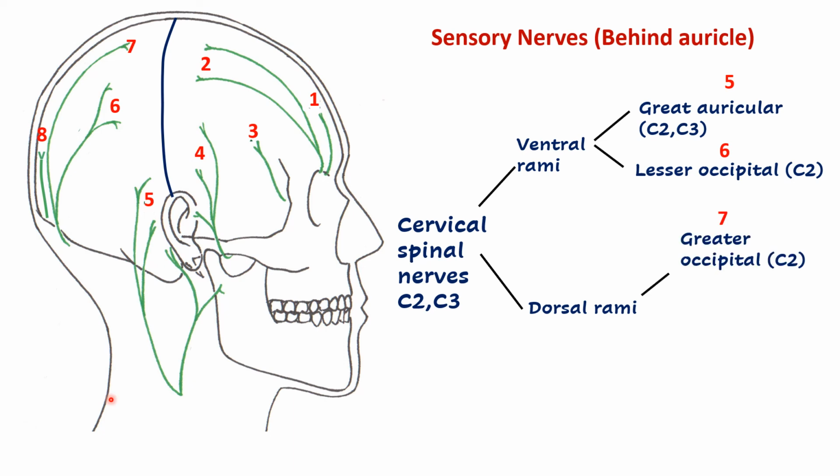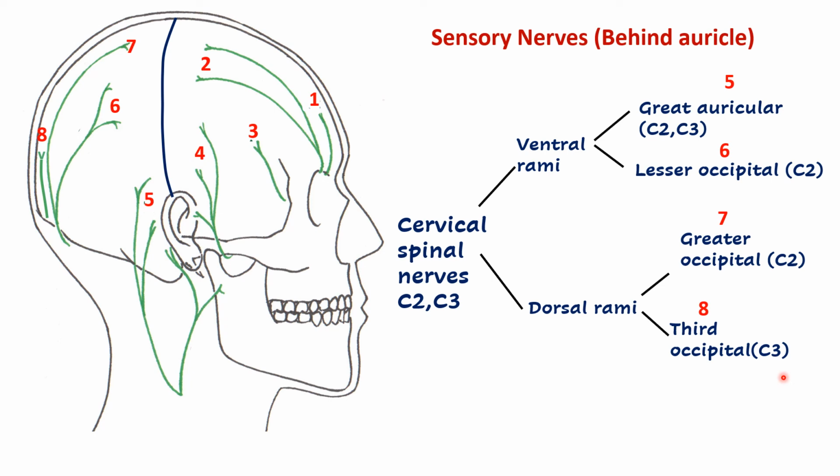Now from the dorsal rami, they will be greater occipital. This is the greater occipital, much bigger area it will supply. Again, root value is C2. And the last one, the posterior most will be the third occipital. And as the name suggests, third, right? So the root value will be C3.